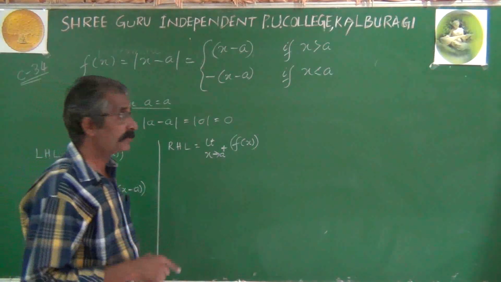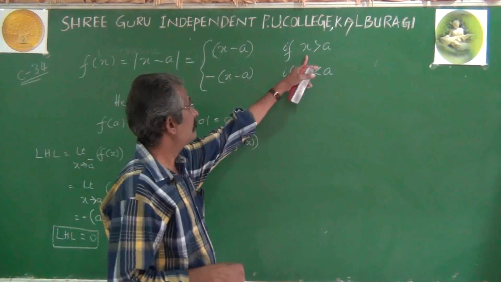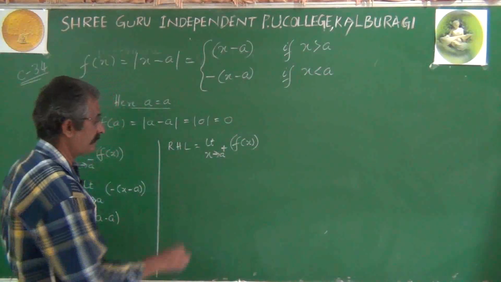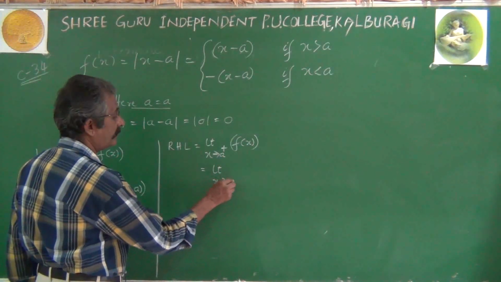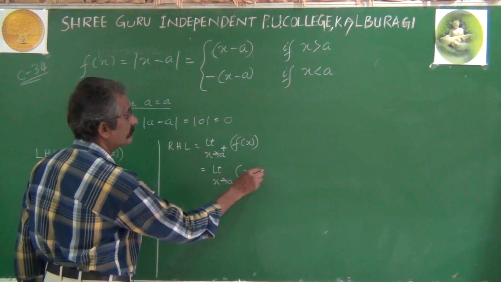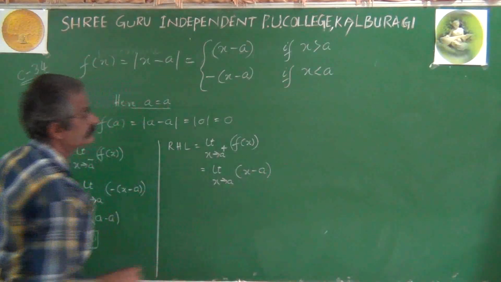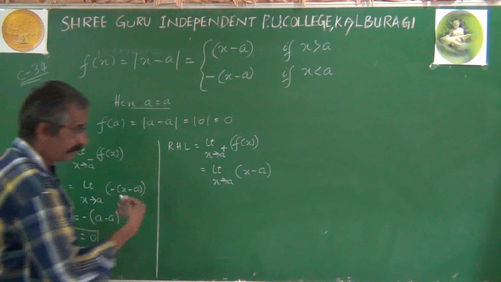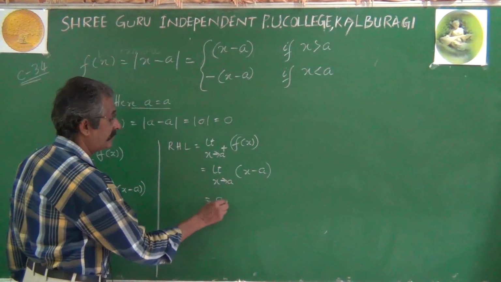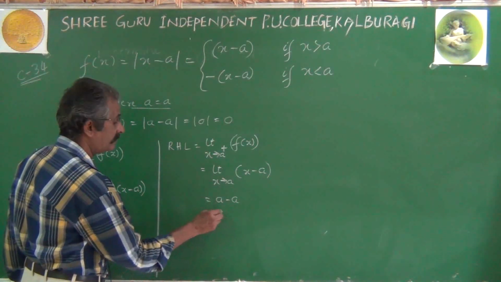Means more than a. When x is more than a, function is x minus a. That is limit x tending to a of x minus a. Replace x by a. On replacing x by a, that is a minus a. A minus a is 0.